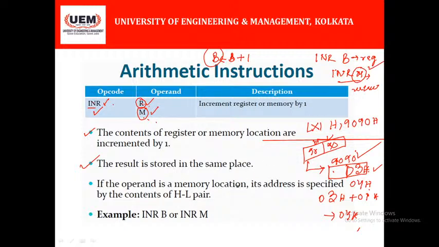Then its address is specified by the contents of HL. Look at that, LXI H 9090. So the HL register pair is addressing the 9090 location. So we are pointing to the 9090 location. What is the data? 03H. So 03H will be incremented by 1. Examples we have already explained.